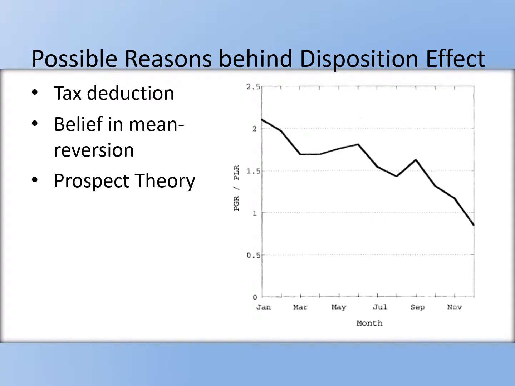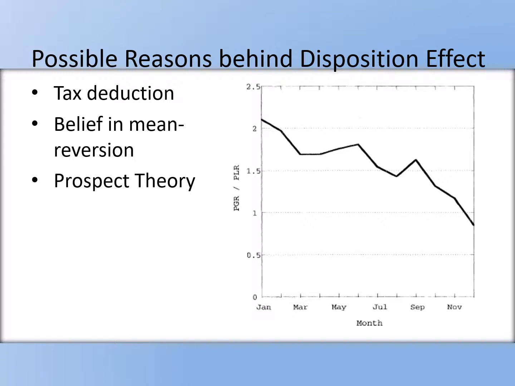So what we could focus on is prospect theory. We also know that this is an explanation that we can rely on later on because people actually run experiments to see whether you can generate this effect in the laboratory.